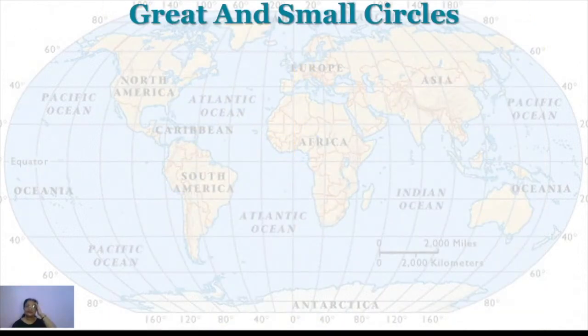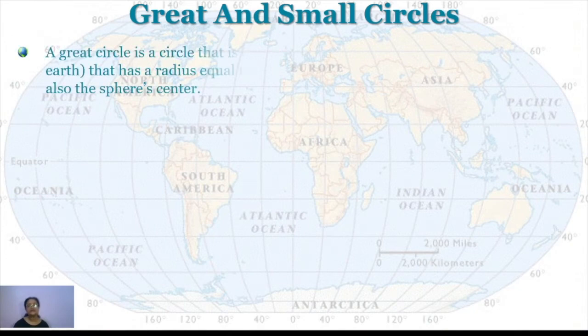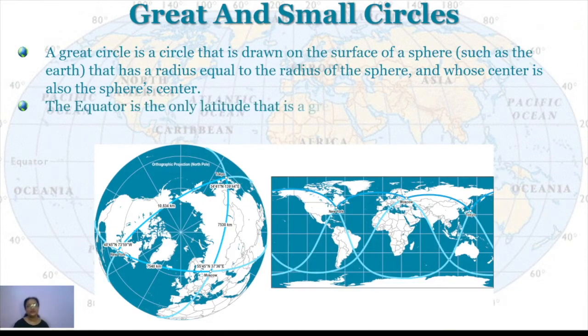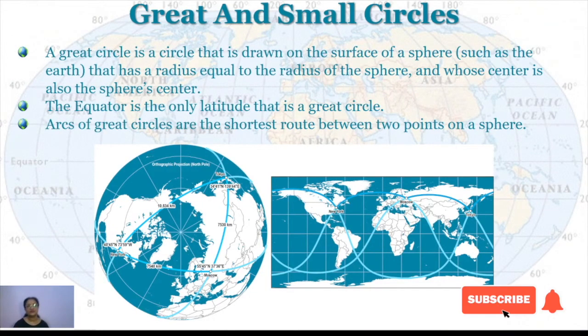Now the next thing we have to discuss here is about the great circles and small circles. Now what are these great circles and small circles? First of all, a great circle is a circle that is drawn on the surface of a sphere, such as on Earth we can take the example, which divides the Earth into two equal halves. Second thing is that it has the radius equal to that of the sphere.